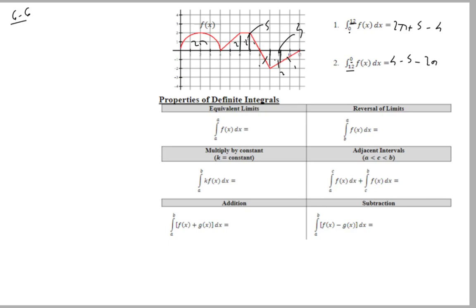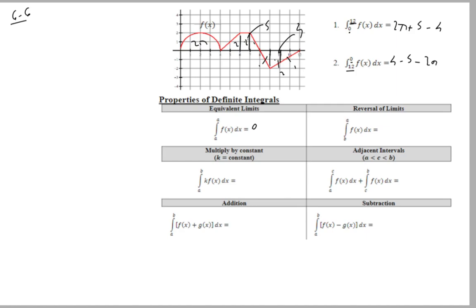Let's read that real quick. Equivalent limits: the integral from a to a of f of x dx is just 0, because it's at the same point.